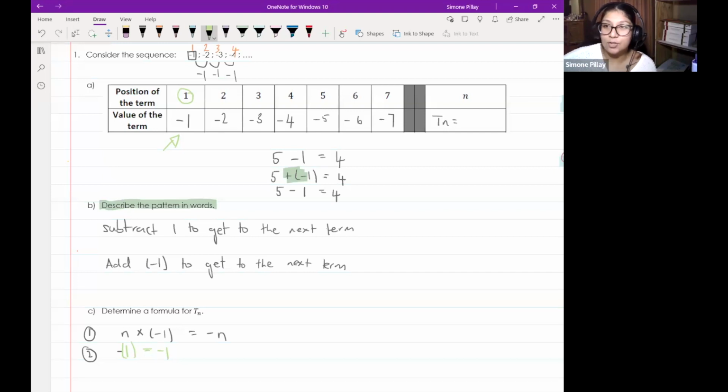There's nothing I have to add or subtract. So my rule is just Tn is equal to negative n. And so the third step is then to write it out in the correct format. We have to say my output, and my output in this case is Tn is equal to negative n.